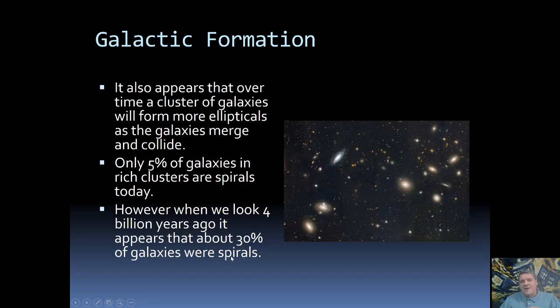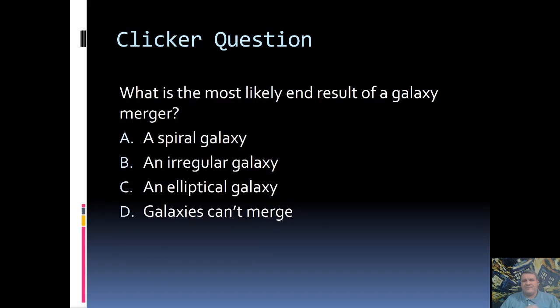But when we look at nearby rich galaxy clusters, the ones that we see almost right now, only about 5% of these are still spirals. What has made the difference is that we've had a lot of collisions in that 4 billion years. And as these spirals collide, the most likely end result is an elliptical galaxy.